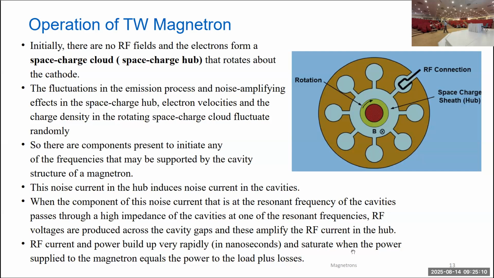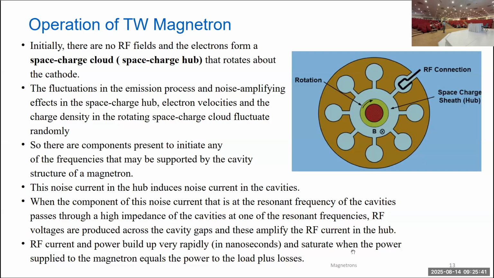And this space charge cloud is termed the space charge hub. Generally, we can call it the hub. And here, an RF coupler is designed and connected, through which RF produced inside is coupled to the outer source or outer cavity or any device where you want to use it.